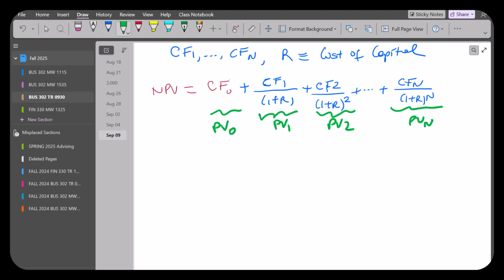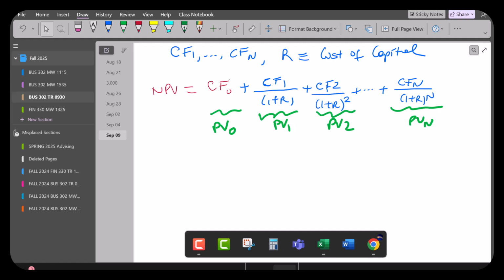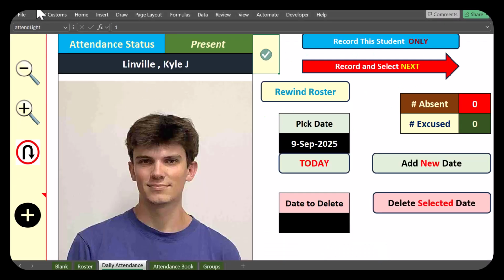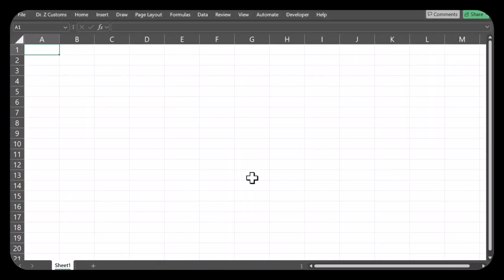And making this calculation is not too complicated, but we're going to go ahead and actually build a template. Of course, we have inputs, right?